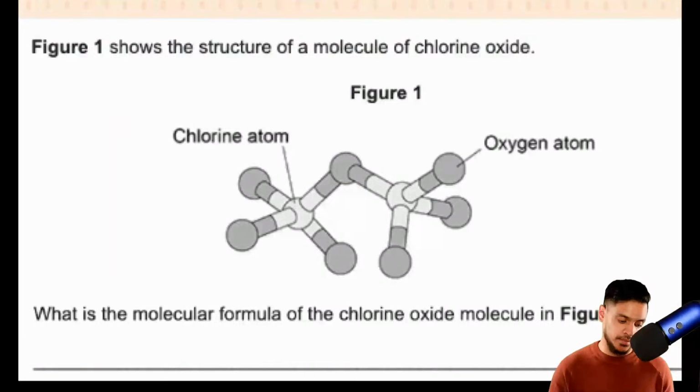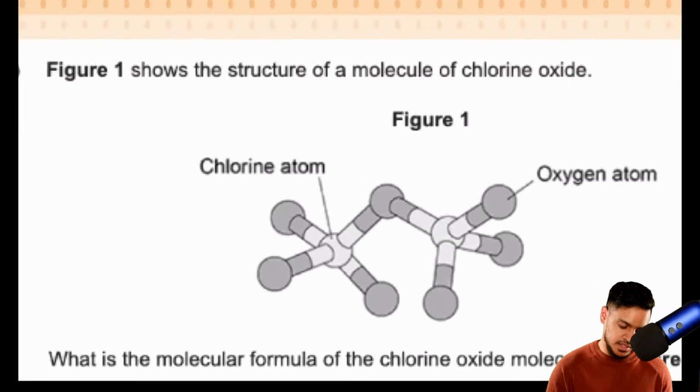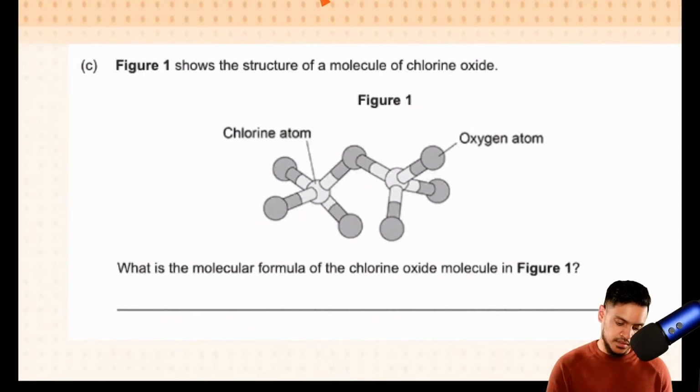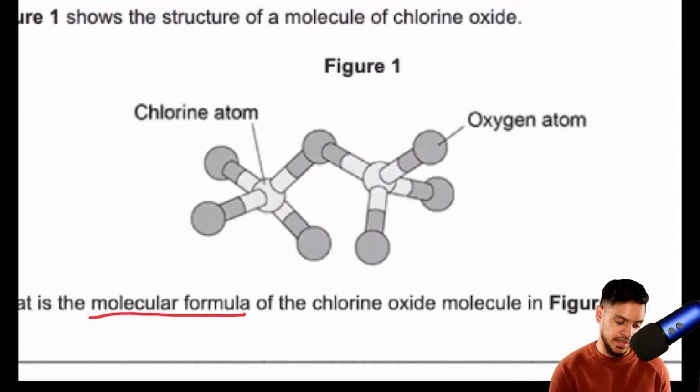Okay, so this one here, see, I told you that they could ask you about 3D models. All you have to do with 3D models is literally count up the different atoms we've got. So you see here, the white ones are the chlorine atoms. The dark gray ones are oxygen atoms, and it's asking to figure out the molecular formula. What would you guys say the molecular formula of this molecule is?